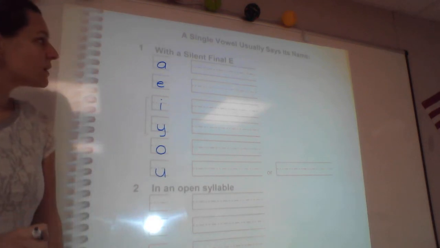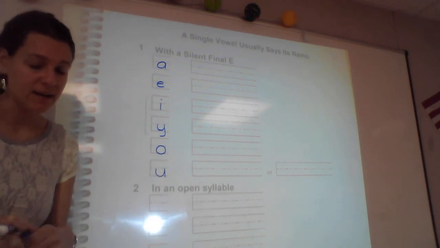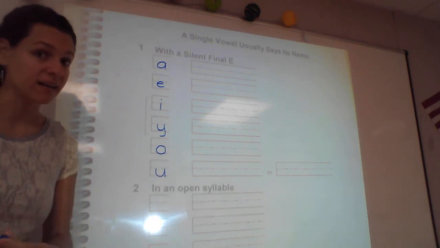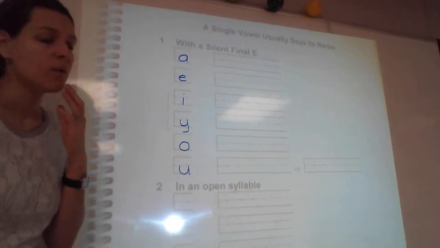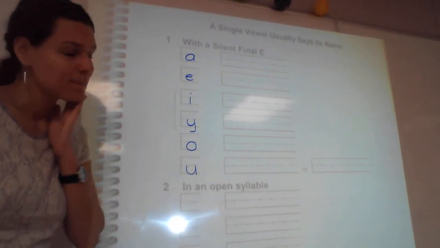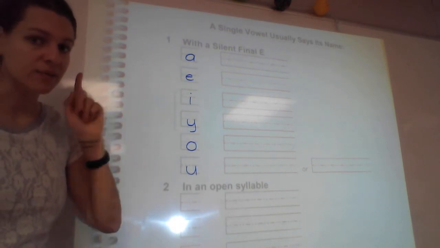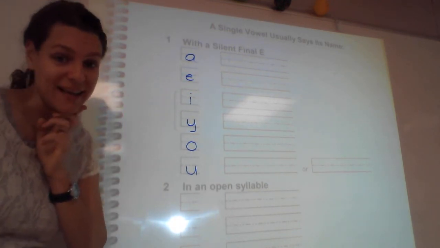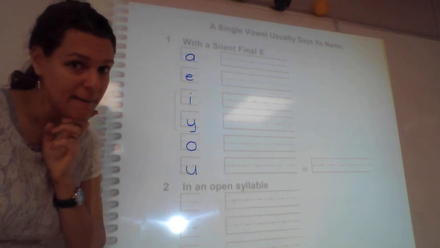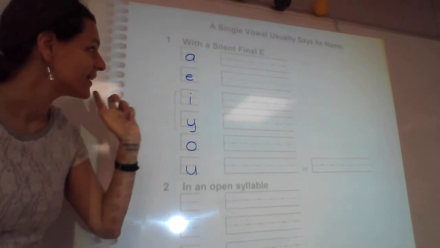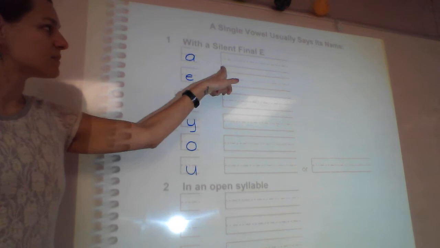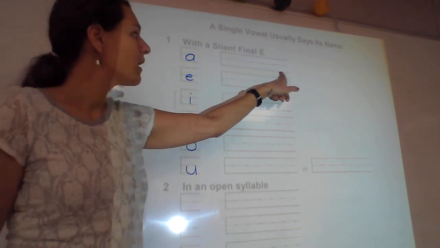All right, so the word we had today that we had a silent final E that made our vowel say its name was place. All right, on your notebook, I want you to point to where we're going to write place. Where is it, class? Good, it's our A-A-A that's saying its name, so we're gonna write it right here.